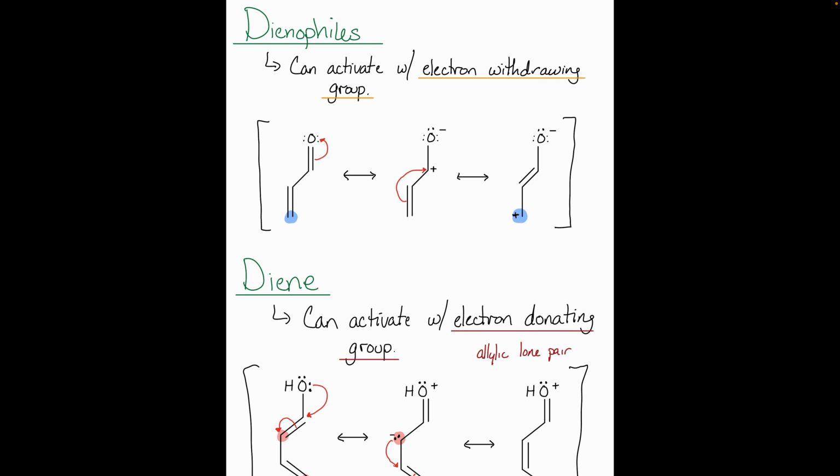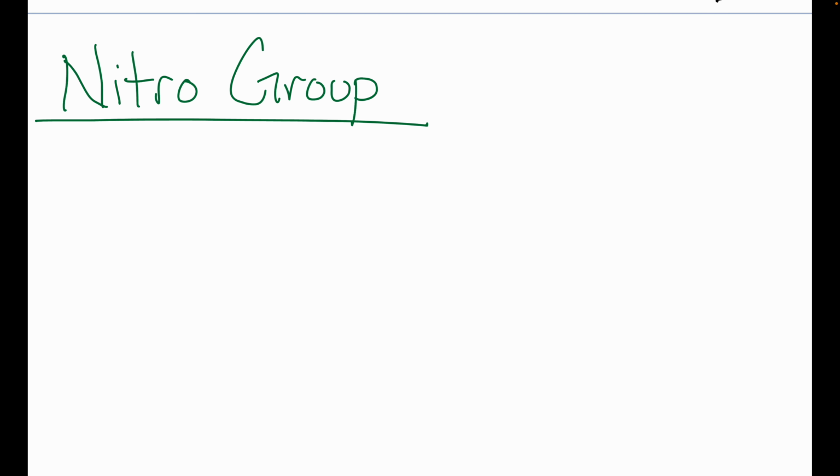Okay? One more thing that we're going to take this opportunity to introduce, one new functional group, it's got a pretty cool name, is a nitro group. All right, this is a new functional group that we'll see come up a few times this semester. And what we want to note about our nitro group is that it is a strong electron withdrawing group.